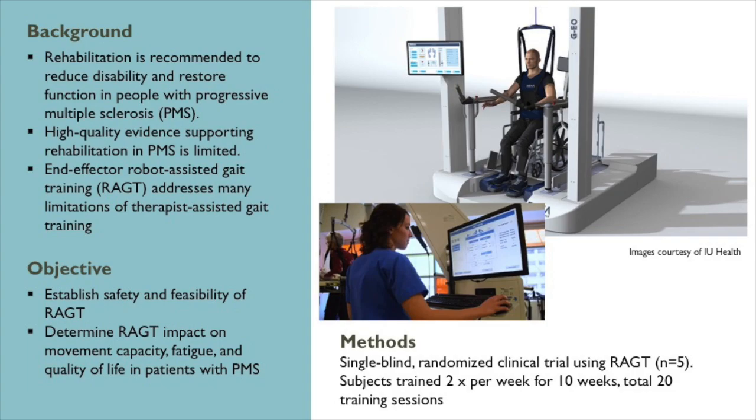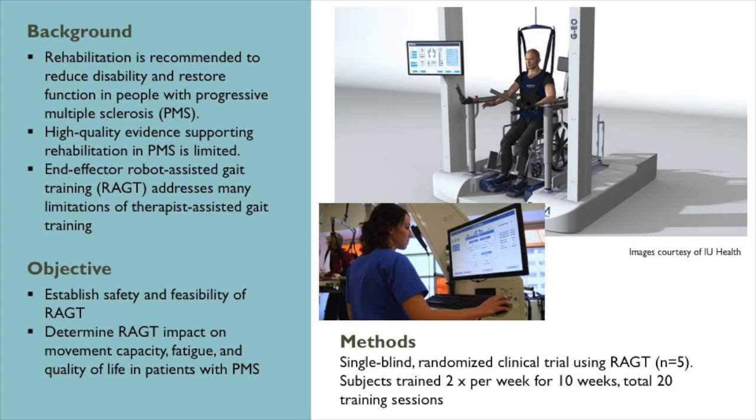That's really interesting. The subjects in your study had progressive MS and participated in 2 training sessions per week for 10 weeks. What baseline information did you have about those subjects? Well, this was a single-blinded controlled RCT, so the person who got the baseline measurements was blinded from our study. For the baseline measurements, we used gait mat measurements including speed, step length, and the amount of weight distribution.